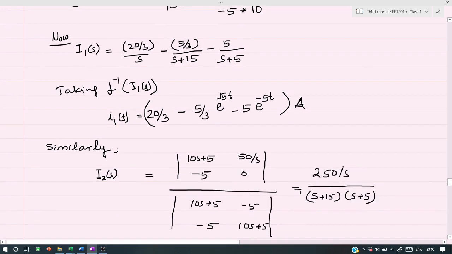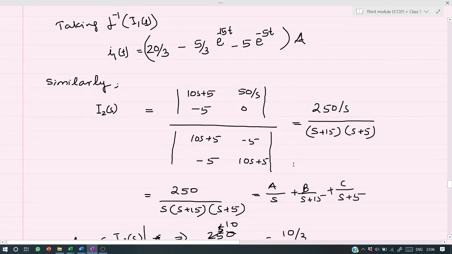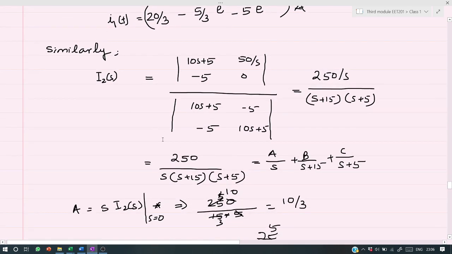In a similar way, we can obtain I2 of S as delta 2 by delta, where delta 2 is the determinant of a matrix obtained from the A matrix by replacing its second column entries with the B matrix, and delta is the determinant of the A matrix. After solving, we obtain I2 of S as 250 divided by S into S plus 15 into S plus 5, which can be solved using partial fraction expansion.